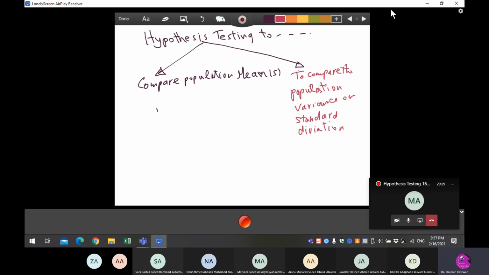What else can we do? Not only can we compare the population mean or the variance, we can compare the proportion. We can test the proportion as well, right? To compare the proportion, but I will keep this one for later on, okay?